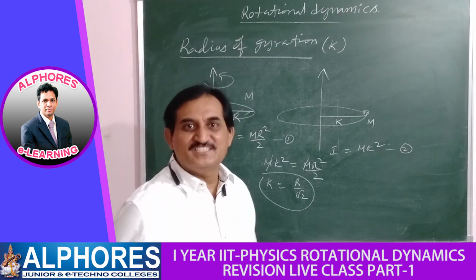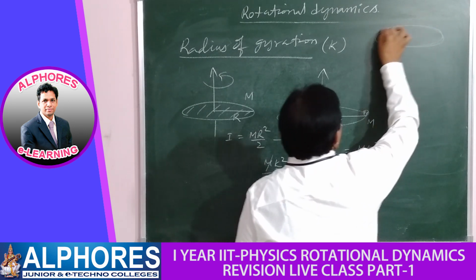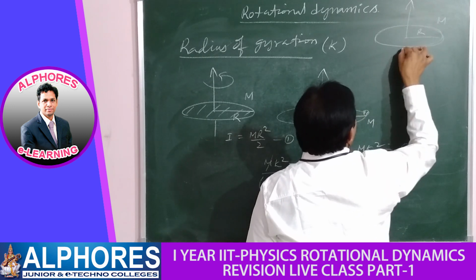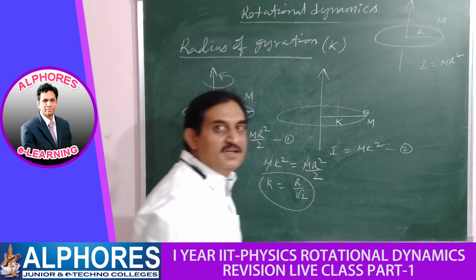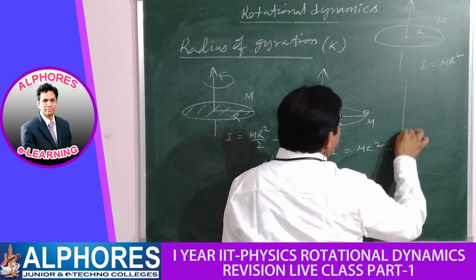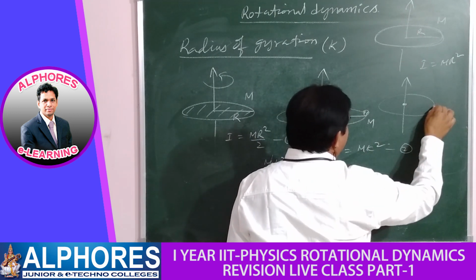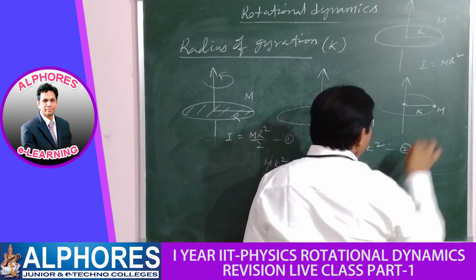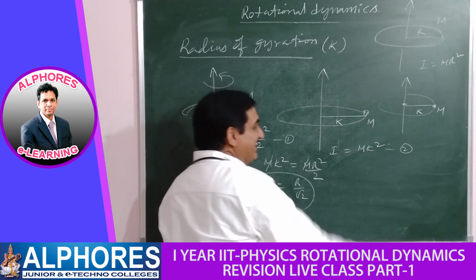If you go for another example, see, for a circular ring, its mass is M, radius is R, its moment of inertia is equal to MR square, and this ring is converted into a point mass which is to be moved around the same axis at a distance of k, so as to have the same moment of inertia as that of the ring.